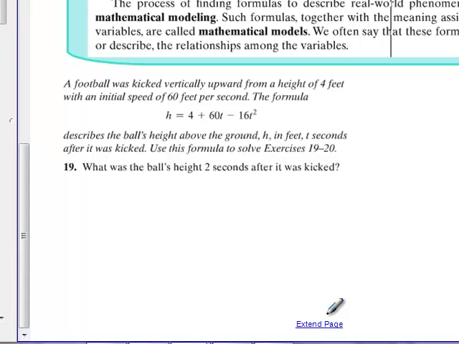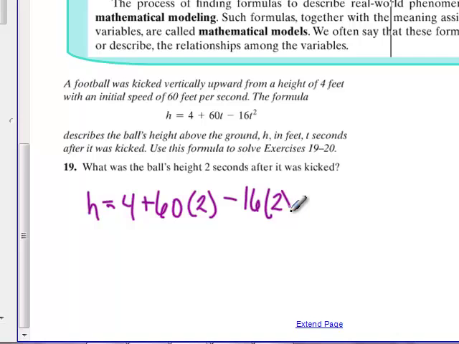So if it says, what's the ball's height 2 seconds after it was kicked, how do we find that? Yeah, we plug the 2 in, right? Because it says 2 seconds after, and that's our time. So we're going to plug it into the t. So our height is going to equal 4 plus 60 times 2 minus 16 times 2 squared.